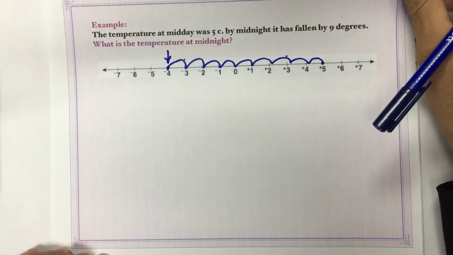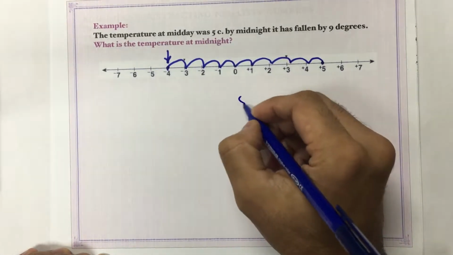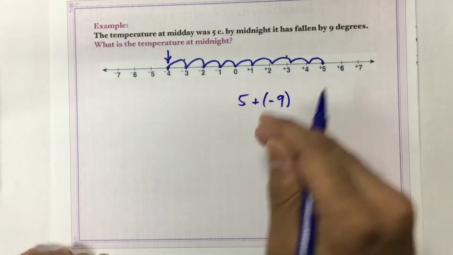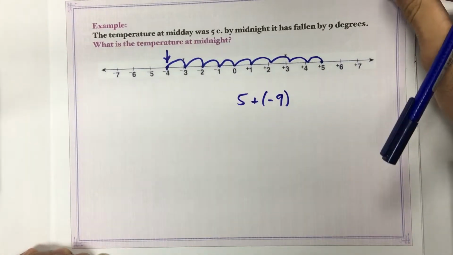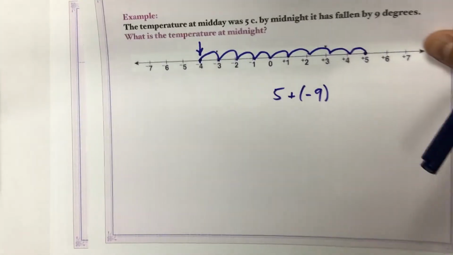Okay, so this would be the equivalent to doing 5 plus -9, and our process has given us the answer of -4.